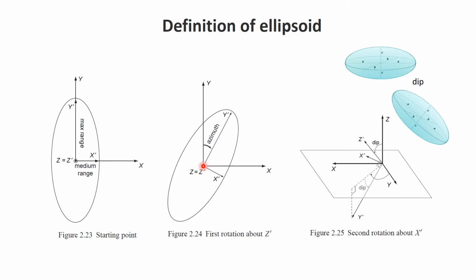If we are in 3D, which is of course the case here, then it gets more complicated. Then we need to define an ellipsoid, and an ellipsoid is uniquely defined by 3 axis lengths, A, B, C here, and 3 angles. Although I would say that there are really only 2 angles that are important.